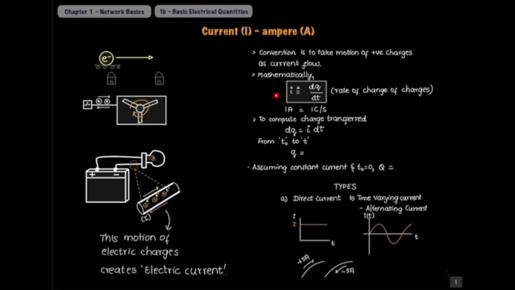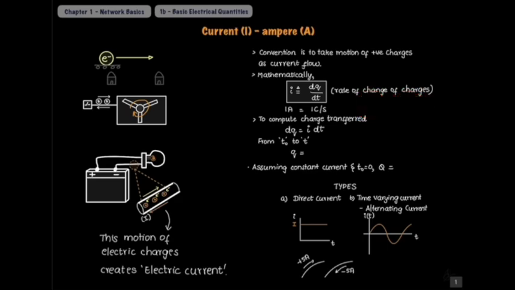So this can be put as 1 ampere of current, which is equal to 1 coulomb per second, because C is the unit for charge and seconds is the unit for time. So basically, it means in 1 second, if I have 1 coulomb of charge flowing, then that is going to contribute 1 ampere of current. It's that simple.